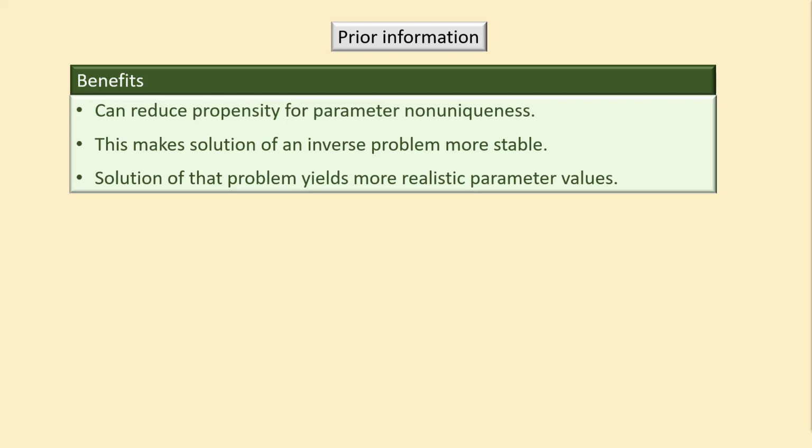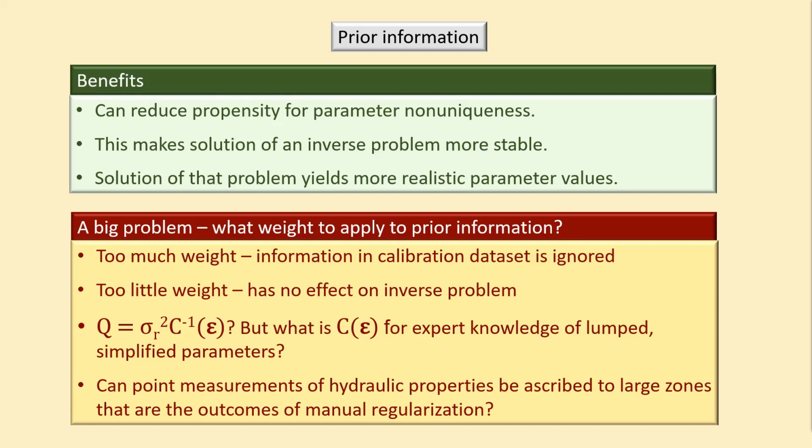Unfortunately, however, when we're solving an inverse problem based on manual regularization, we can run into problems. And that's one of the reasons why manual regularization as a methodology for calibrating a groundwater model, in my opinion, is not the best way to calibrate that model.